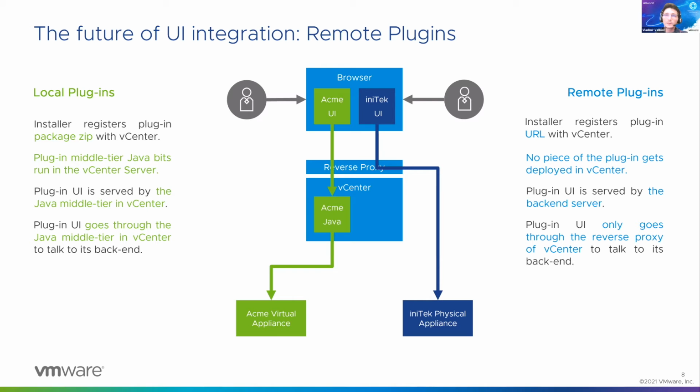So it means that there are no executable bits inside the VCSA, and this automatically means guaranteed performance. So there's no external code using vCenter's resources, significantly improved security. So this means a lot thinner integration and API surface, and seamless upgrade.